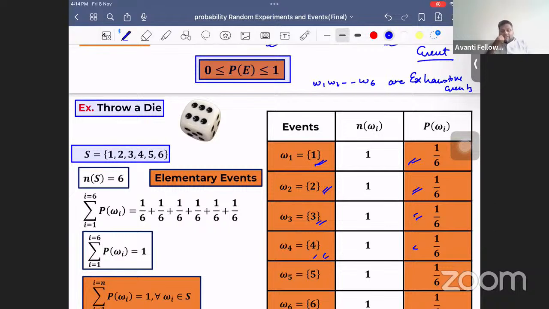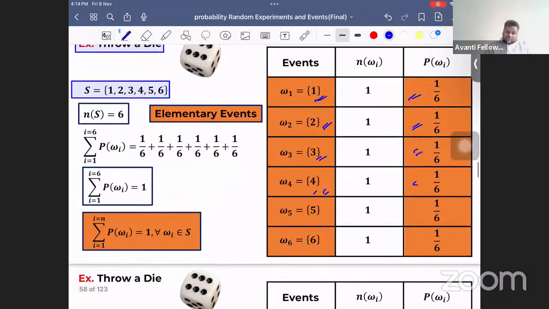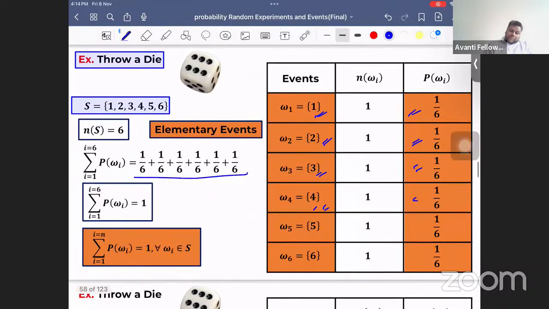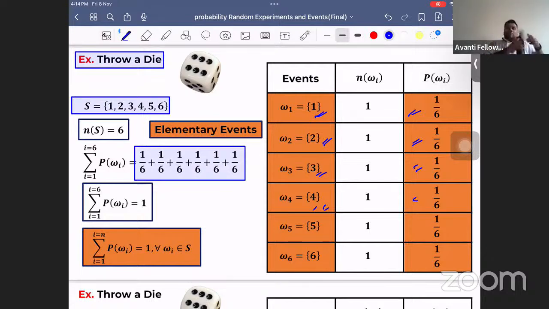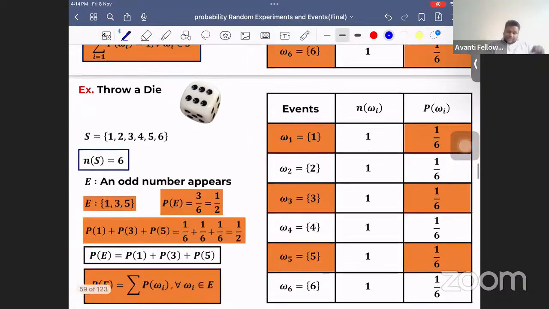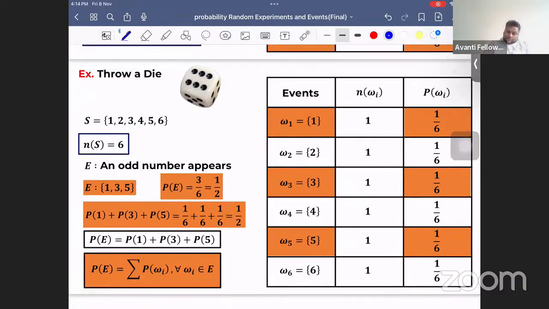That is why the sum of the probabilities of all of them is 1.